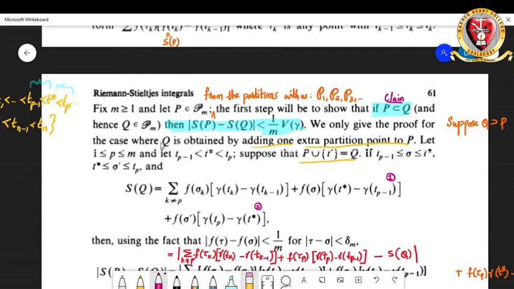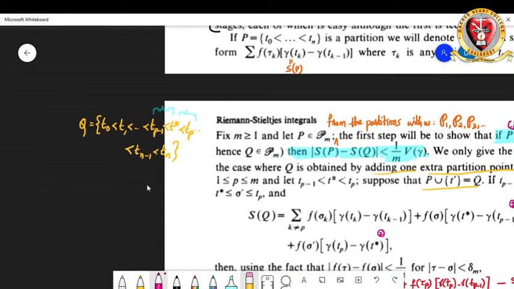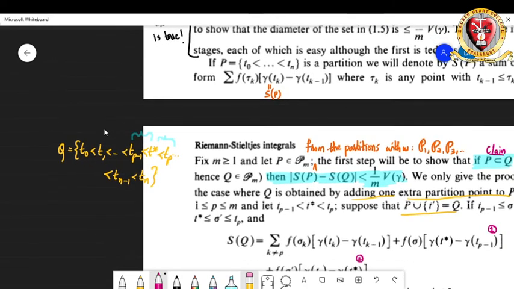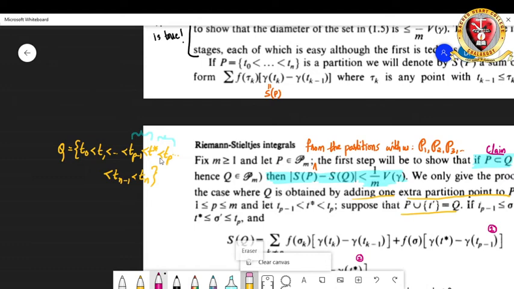So how did we obtain Q? We obtained Q by adding one extra partition point to P. That simply means that we know P is equal to T naught strictly less than T1, strictly less than T2, etc., strictly less than Tn, right? So if this P already had partition points TP minus 1 and TP, we are introducing just one more point in between TP minus 1 and TP.